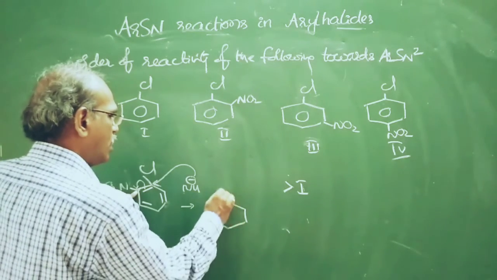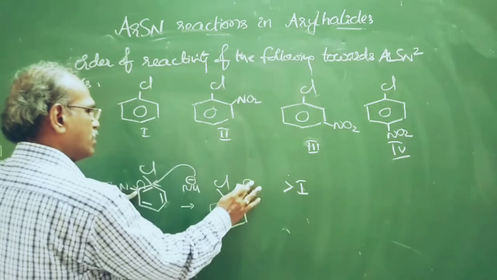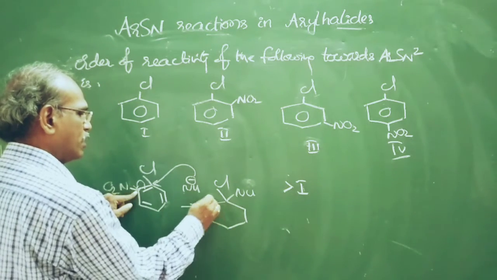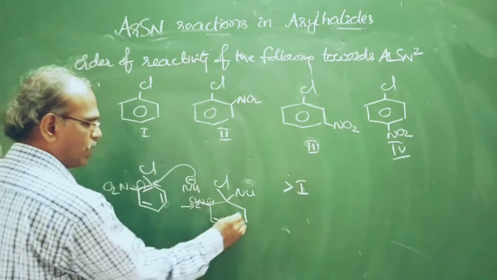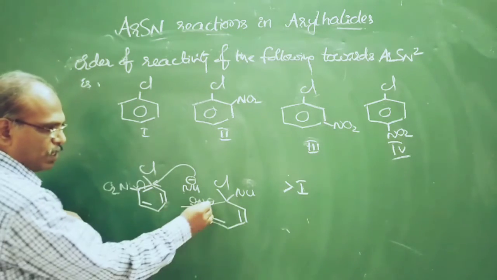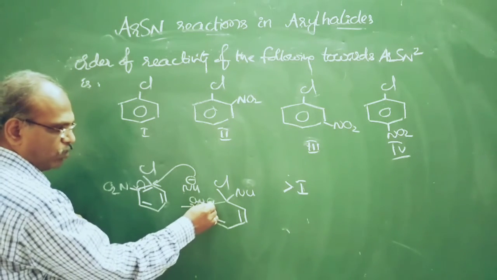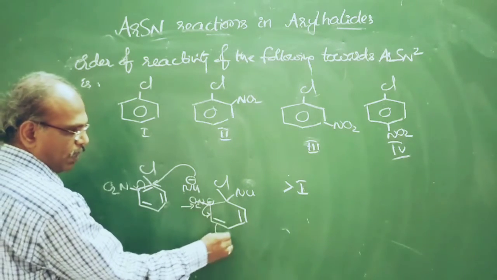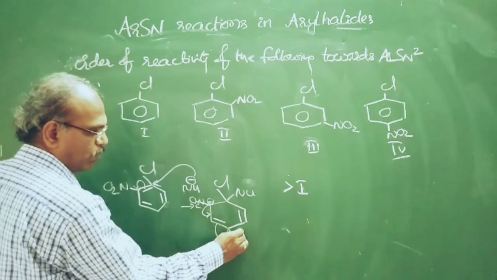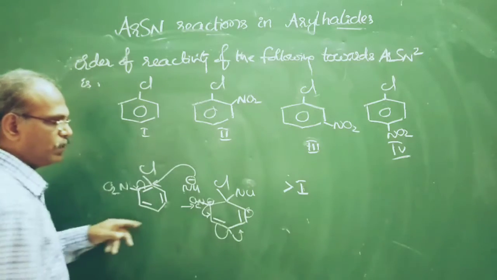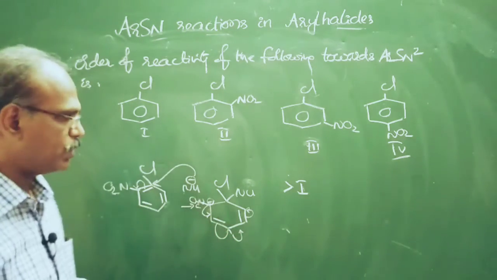So here this orthocarbon gets negative charge, which is stabilized by resonance. If you look at the resonance by electron withdrawing group, again negative charge appears at para position. Again, if you write the structures at ortho position, so negative charge is developed at ortho and para positions.